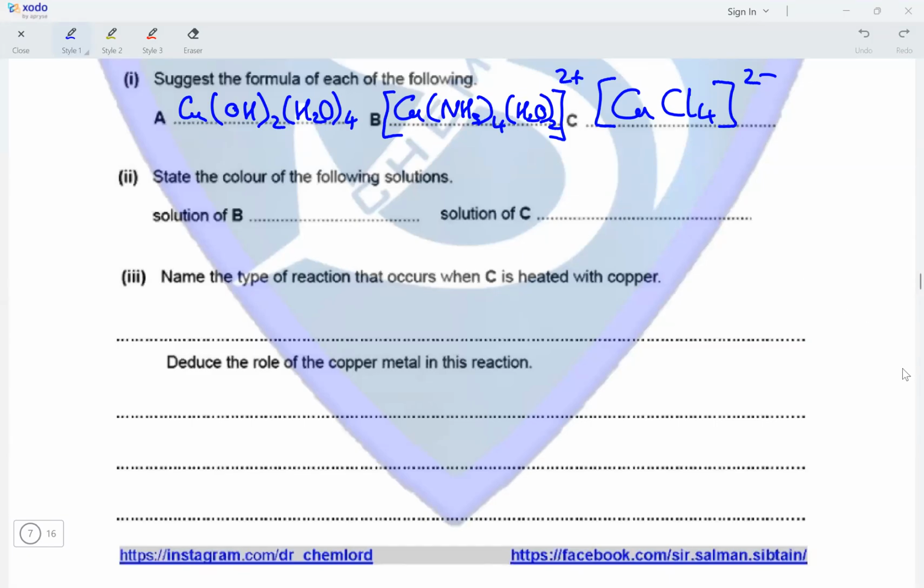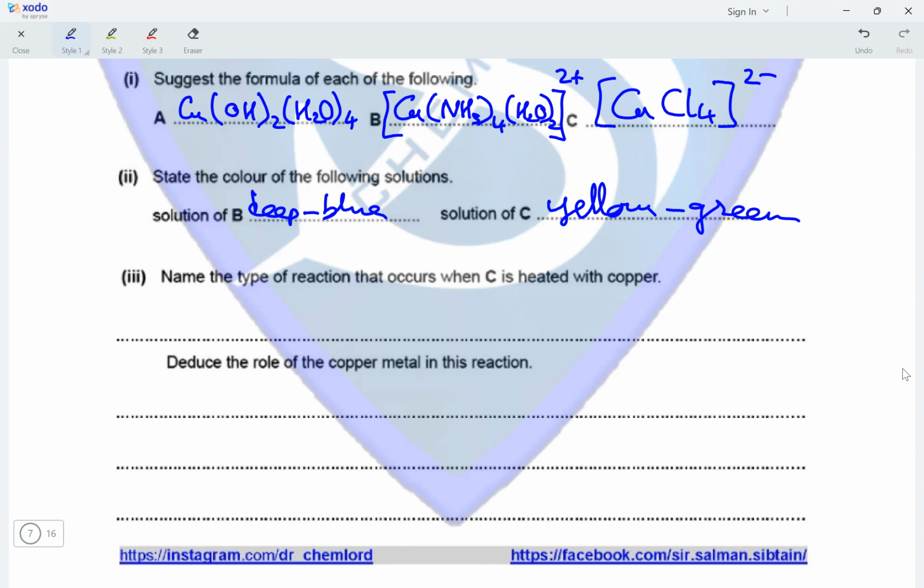State the color of the following solution. So solution B is a deep blue solution and solution C is yellow, or you can call it yellow-green. Name the type of reaction that occurs when C is heated with copper.